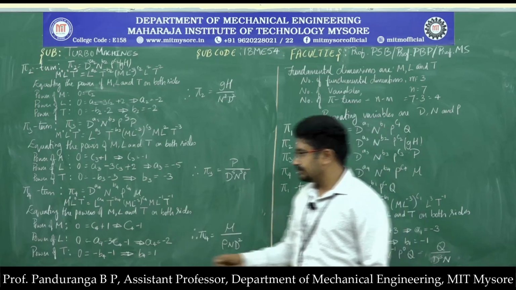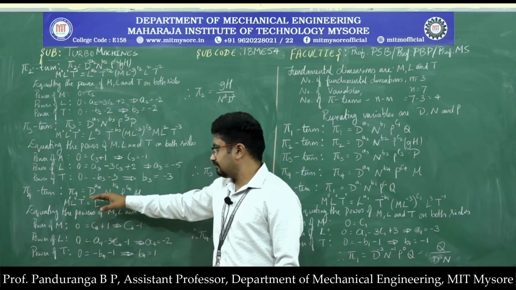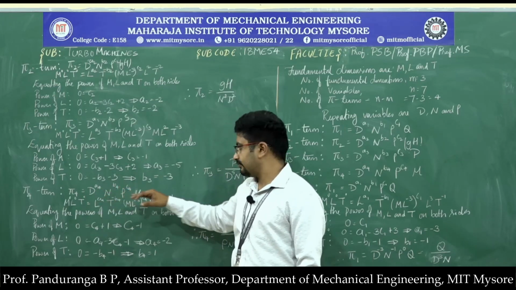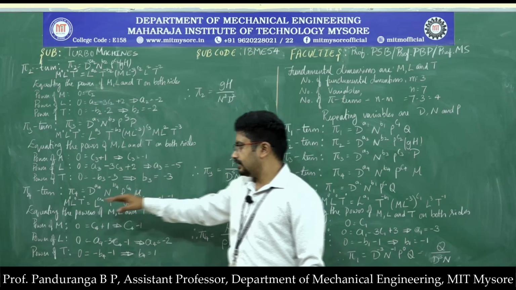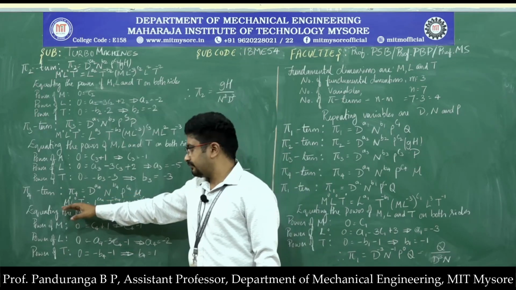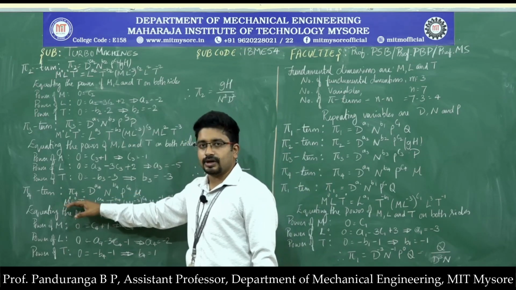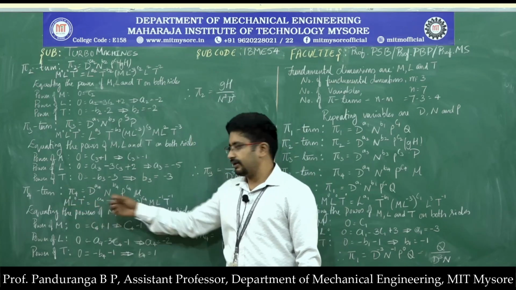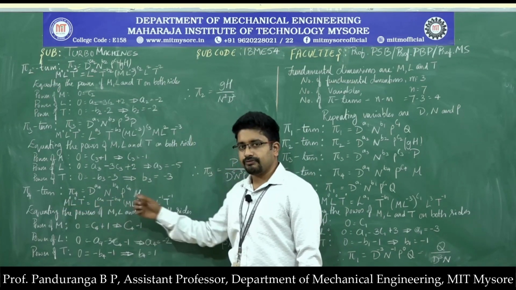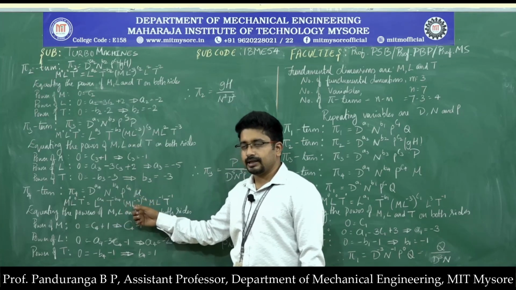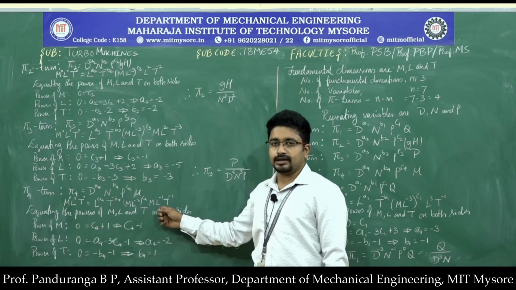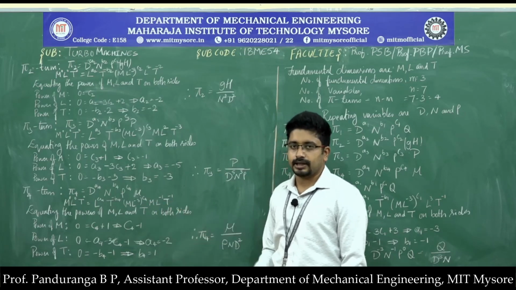Now the last pi term is pi 4, which is given by d to the power of a4, n to the power of b4, rho to the power of c4 into mu. The fundamental form is m to the power of 0, l to the power of 0 and t to the power of 0 will be equal to l to the power of a4, t to the power of minus b4, m l to the power of minus 3 whole to the power of c4 into m l to the power of minus 1, t to the power of minus 1.